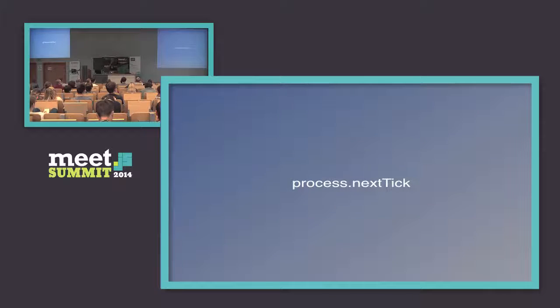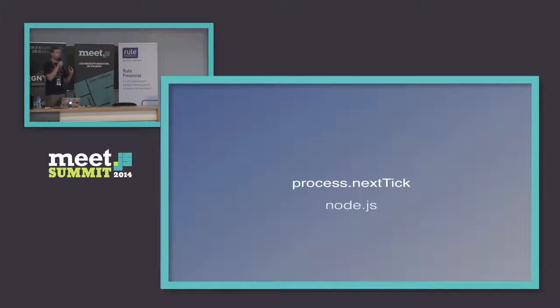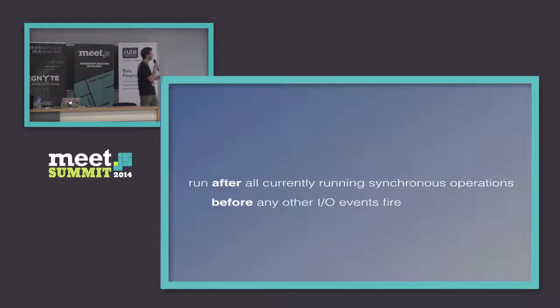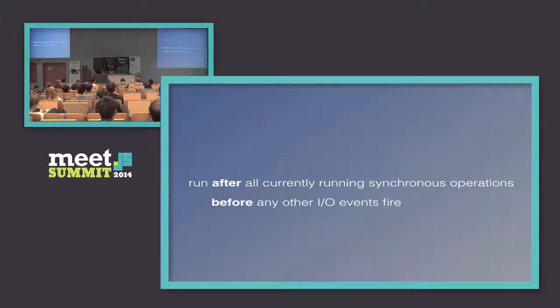And there's the last function that can affect the order of operations in the event loop, and this is process.nextTick. This function is only in Node, in the process API, and in general it is a very complicated function.